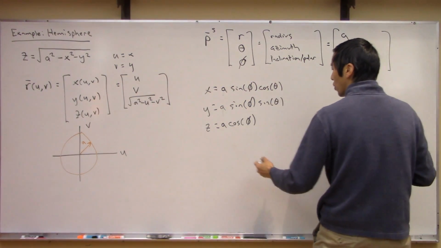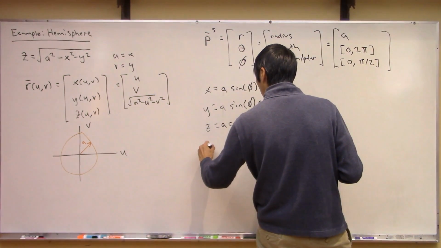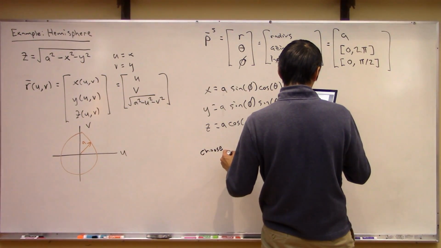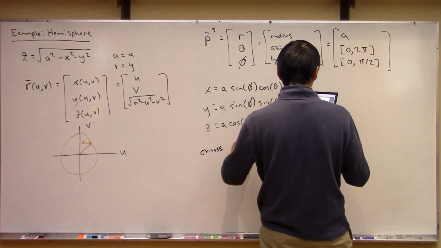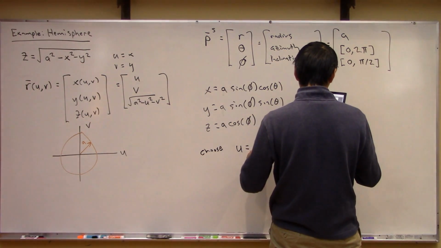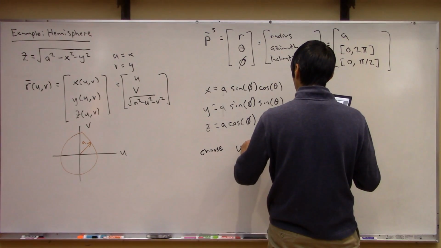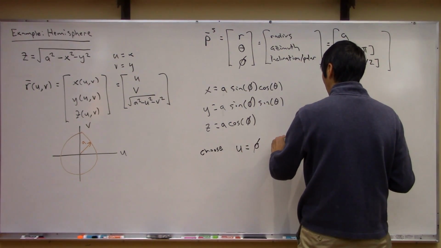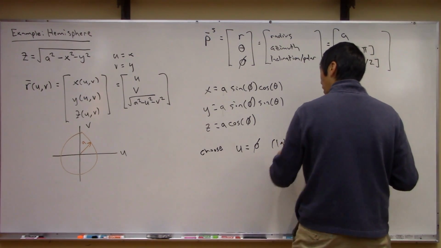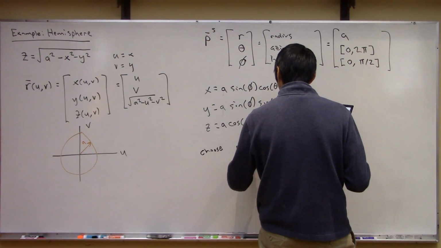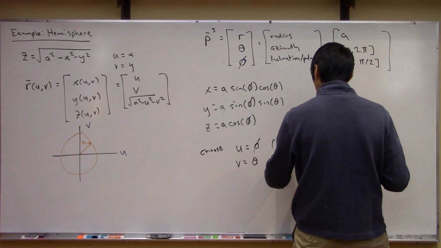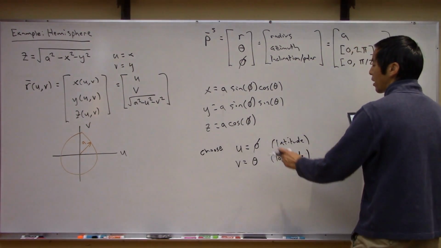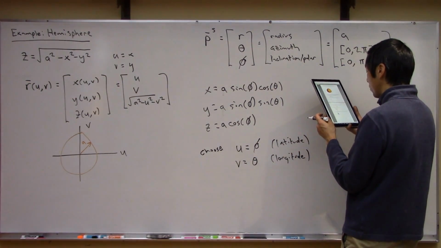So let's choose u to be equal to the inclination angle, which, if you think about this as a globe, is like the latitude. And then we choose v to be the azimuth angle, which is like your longitude, on a big globe of radius a.